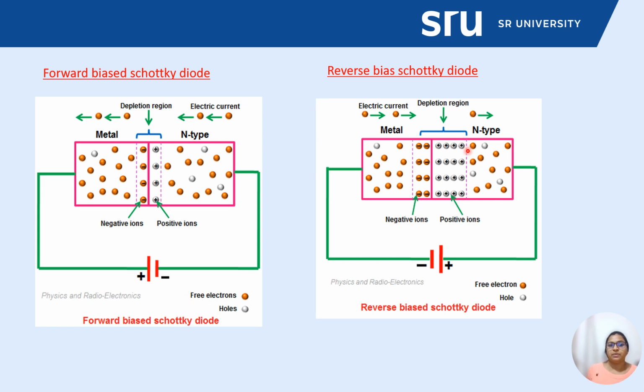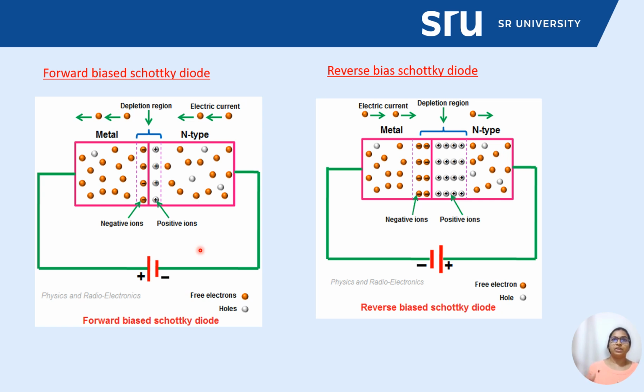So if we summarize the forward and reverse bias, until the applied voltage for the forward bias is 0.2 volt, the forward voltage is very less, so the charge carriers cannot cross the junction, and there will be no flow of current.